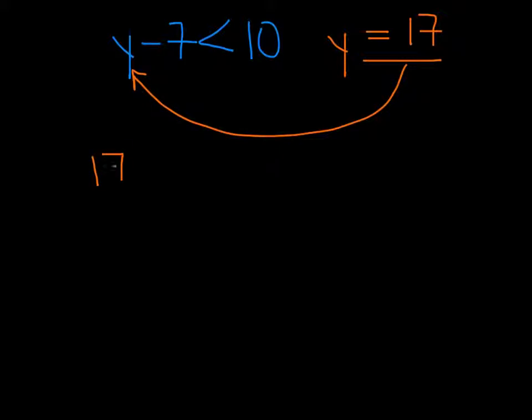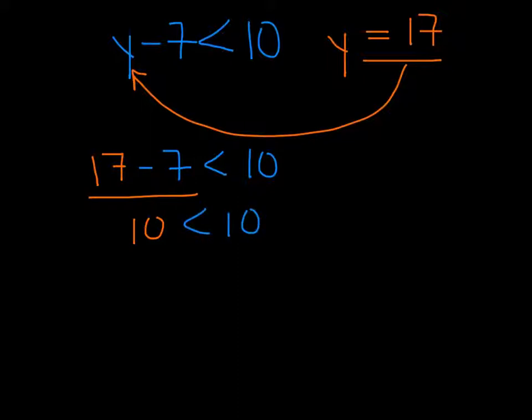So 17 minus 7 is less than 10. 17 minus 7, we can do that math, that is 10, is less than 10. Now this seemed almost like a true statement, and if there were an equals to symbol underneath, then this would be totally a true statement, but unfortunately there's not. So therefore this is false. This statement doesn't work.